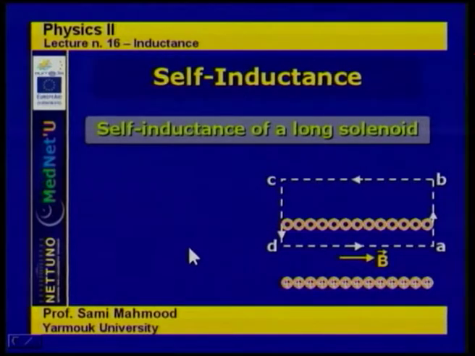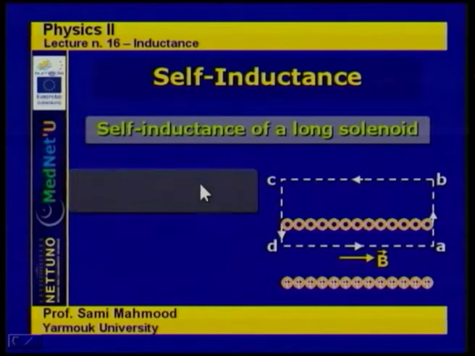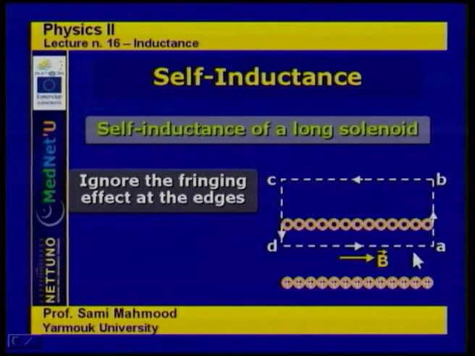Keep that in mind. And now we look at a cross-section of the solenoid. It looks like this. And this is an Amperian path. We use Ampere's law to evaluate the magnetic field, and we take an Amperian path like this. We ignore, first of all, the edge effects, the fringing at the edges of the solenoid.